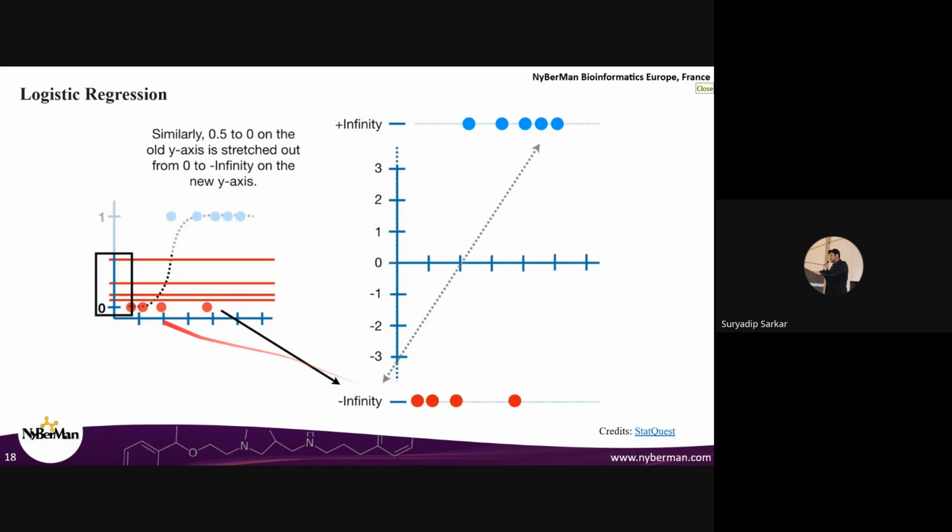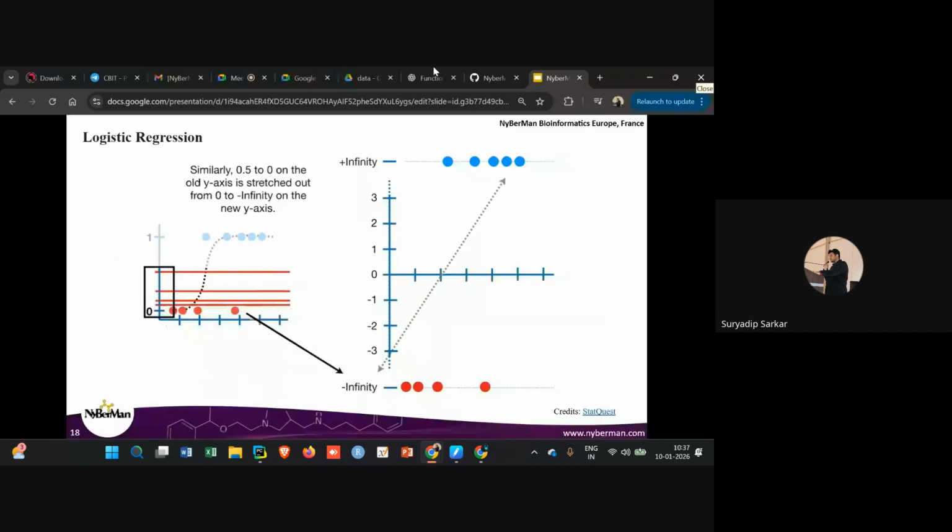Similarly, all the samples which had a probability of being obese as 0 will coincide with a log of odds of obesity as minus infinity, and therefore will reside here. So all the obese samples are now on plus infinity, while all the non-obese samples are now on minus infinity, and this is on the log odds scale. Do people understand till here?